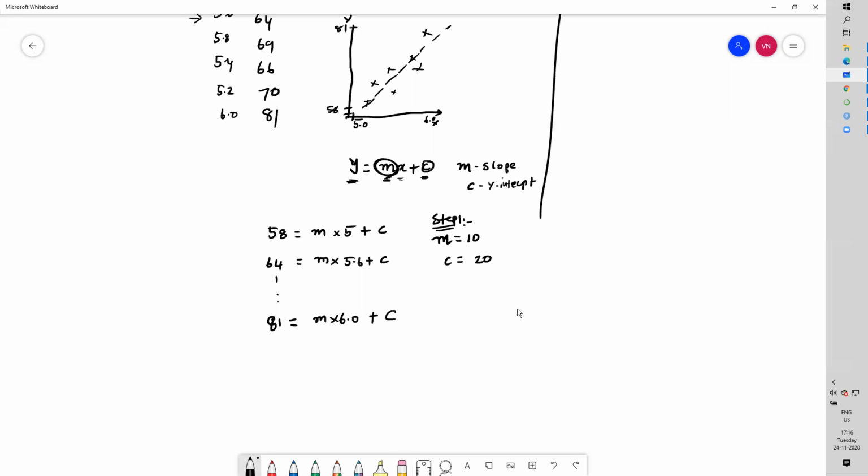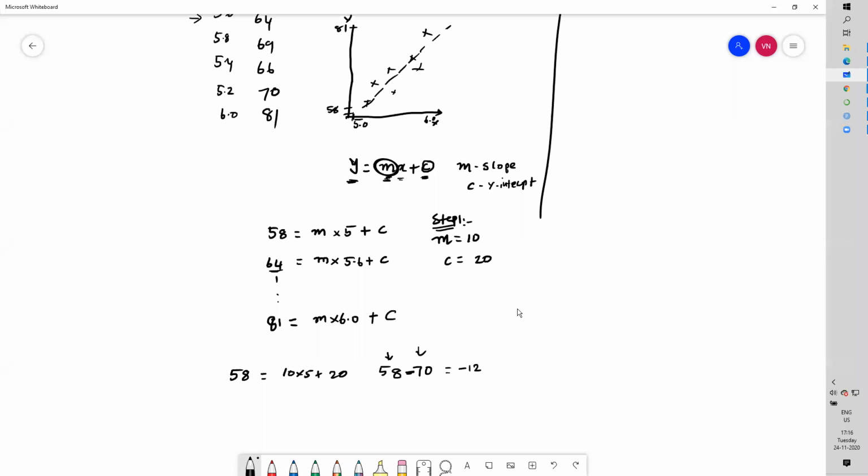Now, if we substitute these values, 58 is equal to m is 10, so 10 into 5 plus 20, which will result in 50 plus 20, 70. So this is 58 minus 70. 58 is the original output, the output generated is 70, and the difference is minus 12 in this case.